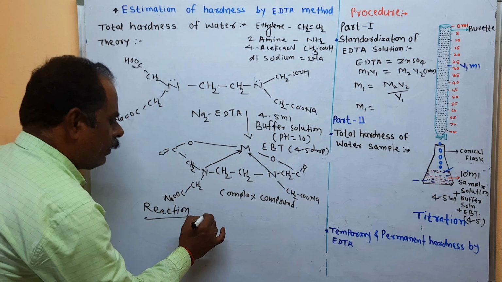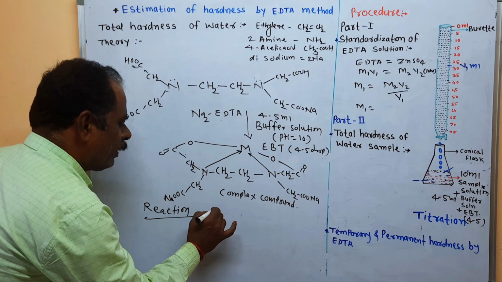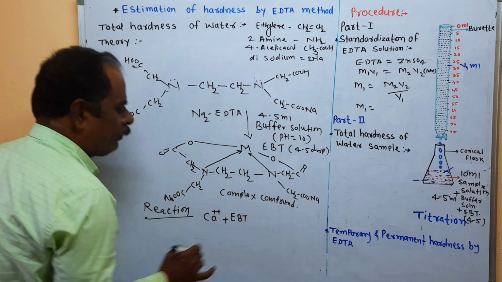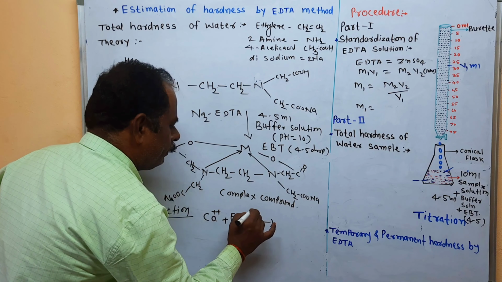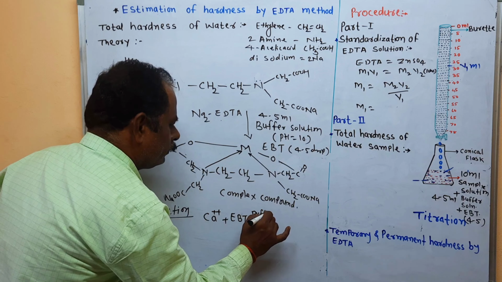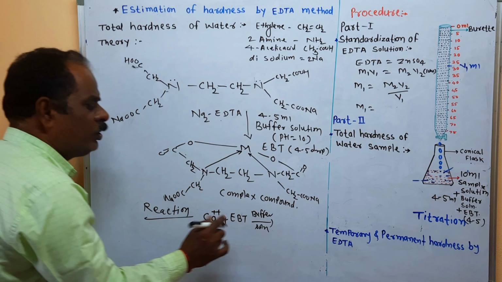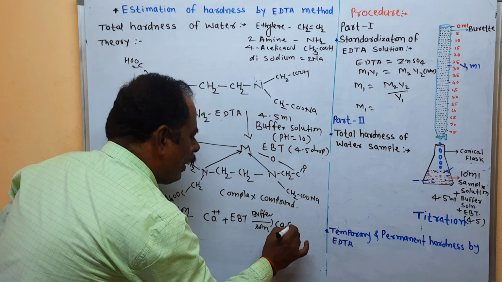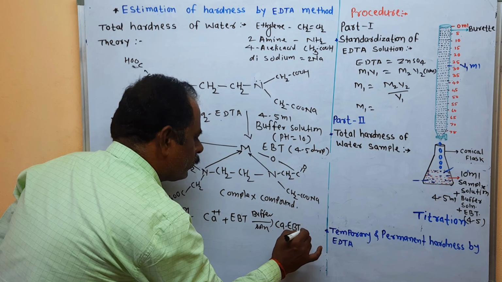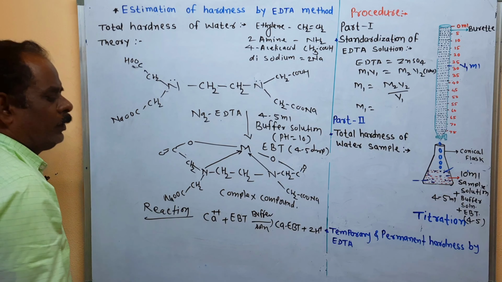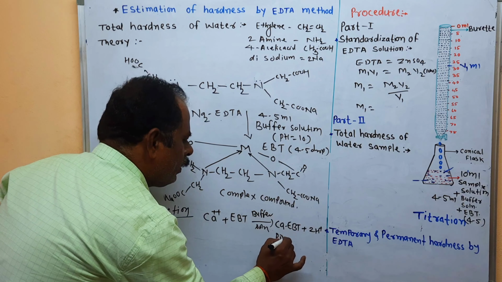When you take the water sample, consider that the water sample contains calcium ions. If you add the EBT indicator and buffer solution, then the EBT reacts with calcium and forms a calcium salt, and 2 hydrogen ions are removed, which has the pink red color.